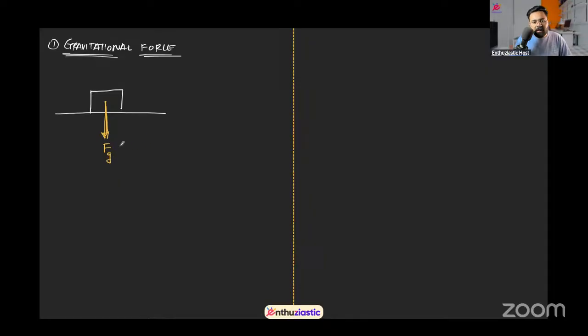And this Fg, gravitational force, is equal to mass of the block multiplied by g, where m refers to the mass of the block and g refers to acceleration due to gravity, which is approximately equal to 9.81 meter per second square.